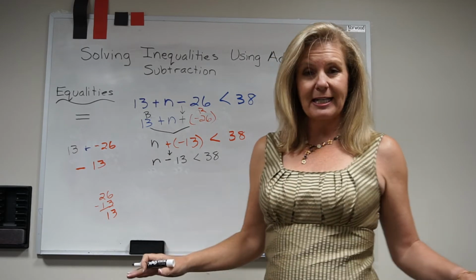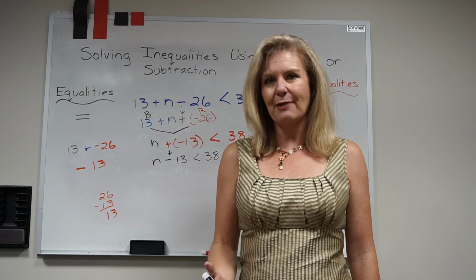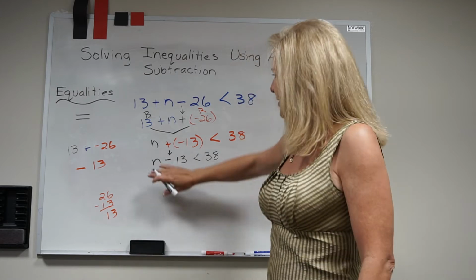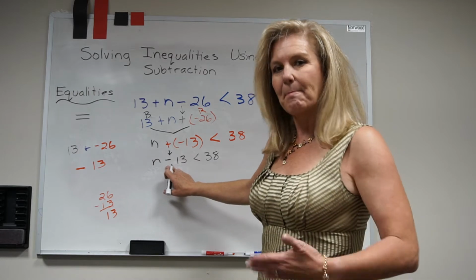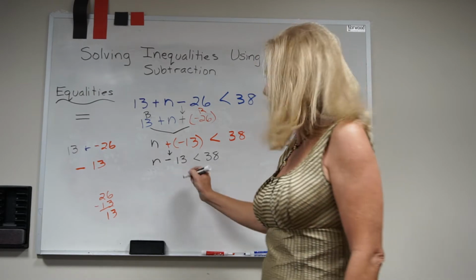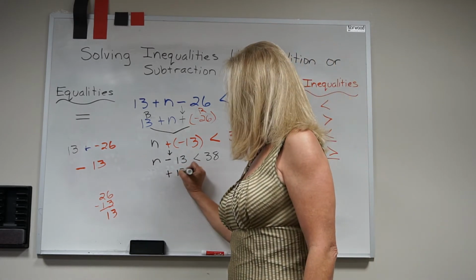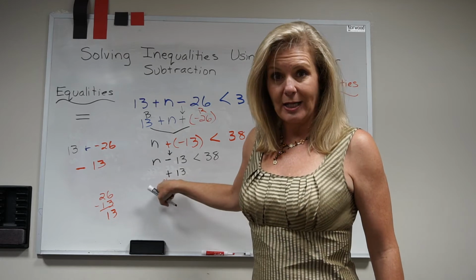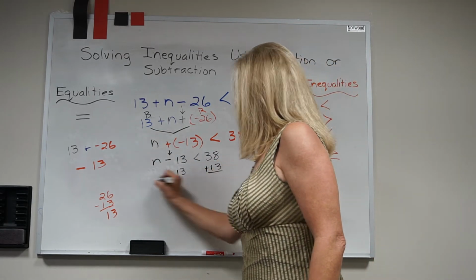Now solving an inequality is no different than solving an equation. We're going to use inverse operations for that. So I start on the side that's my variable. I need to get rid of this minus 13. How do I get rid of it? I use my inverse operation. The inverse of subtraction is addition. I'm going to add 13. But if I do it on one side, I have to do it on the other side.